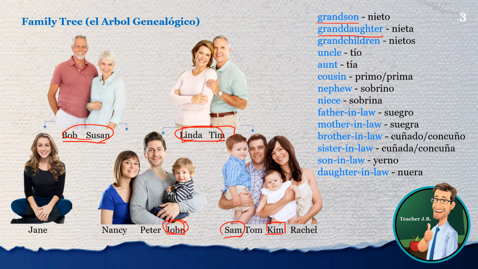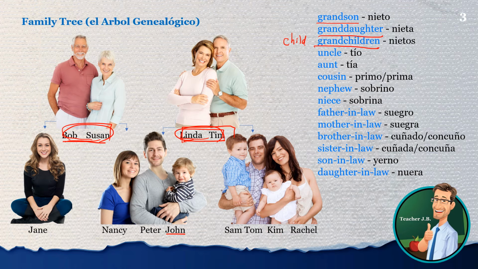Linda and Tim have one granddaughter, whose name is Kim. And grandchildren. Grandchildren is a plural of grandchild. Bob and Susan have only one grandson, grandchild. But Linda and Tim have three grandchildren, John, Sam, and Kim.